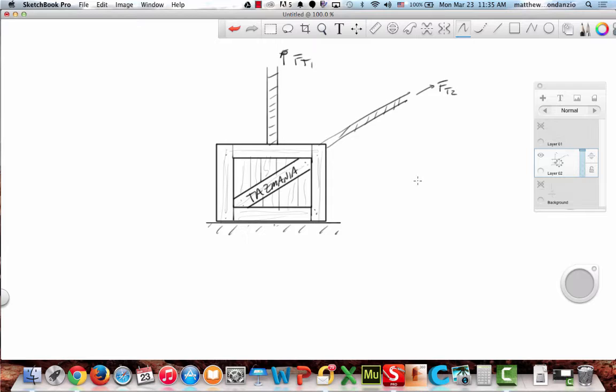I want you to do a couple things. Let's say the weight of the box is 100 newtons. And let's say Ft1 ends up being 20 newtons. And let's say Ft2 is 30 newtons.